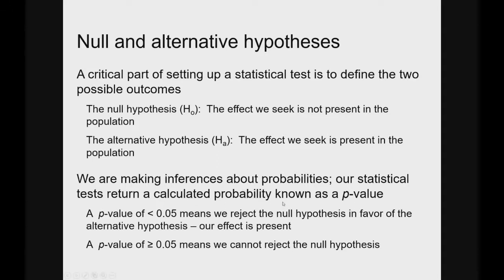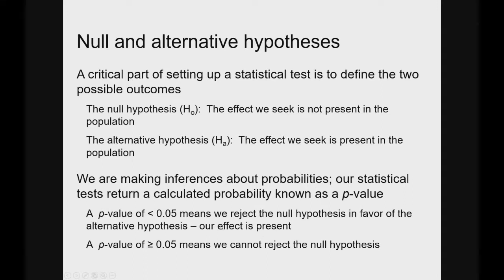And then we do our statistical tests, and they're always based on this idea of probabilities, okay? What's the probability of a certain thing occurring? And so ultimately, the output of our statistical test is going to be a calculated probability. We can get other metrics out of it. You've all probably heard of the t-statistic or a correlation coefficient or something like that. That's an output of a statistical test.